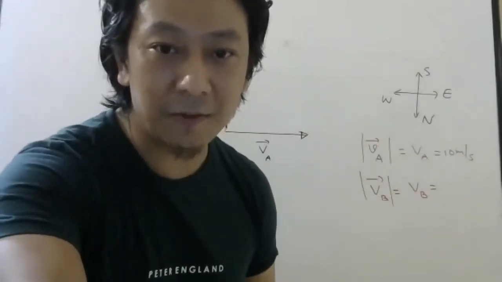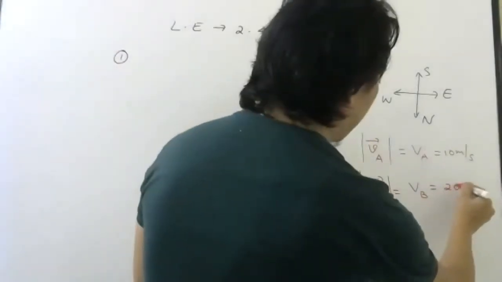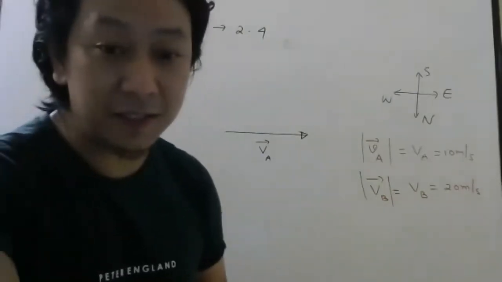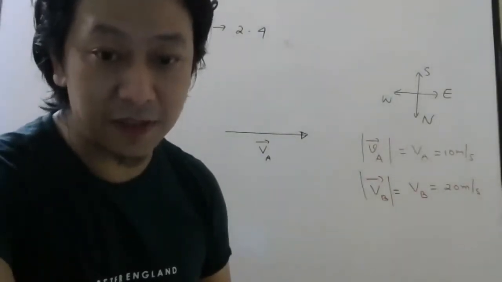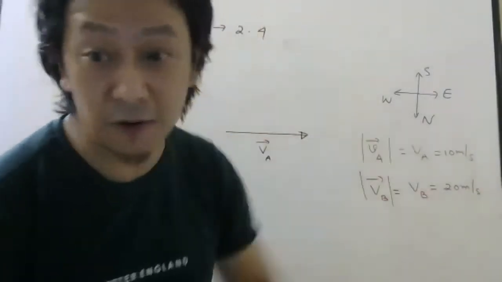Magnitude of the second car was how much? Just check once. 20. So 20 meter per second. That means the direction is given north. Since the direction is north, your arrow should be pointing towards north.